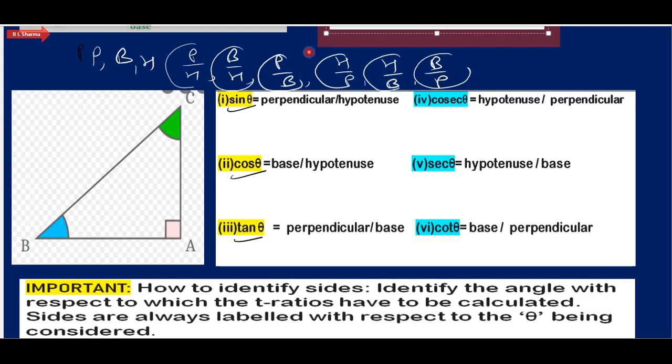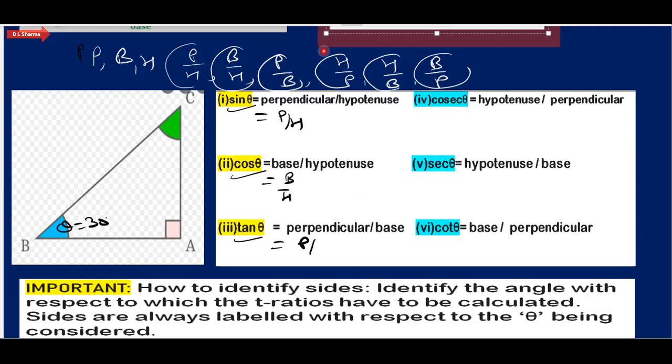See, here you will see that perpendicular upon hypotenuse is sin theta. Theta is an acute angle. If this angle is theta, you can take any acute angle, means 30 degree, 45 degree, 60 degree. This can be possible here. Cos theta is base upon hypotenuse.